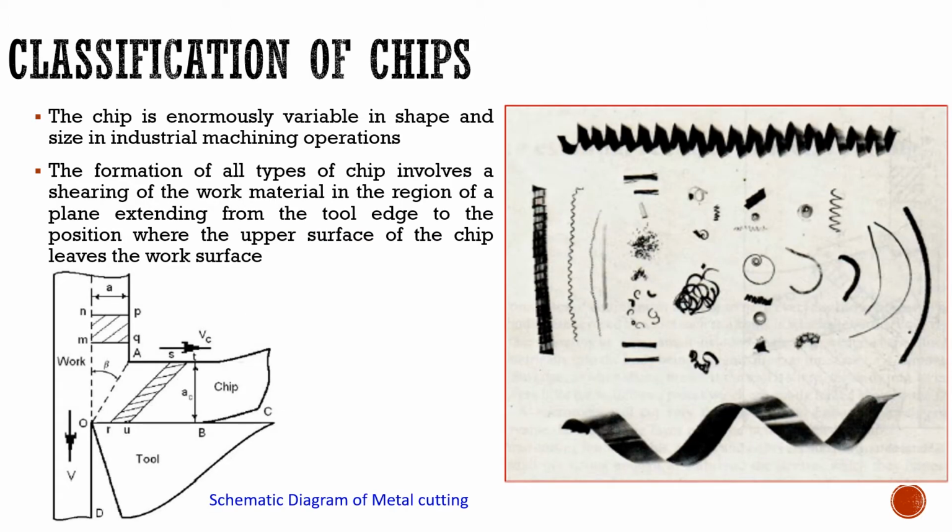The chip can be of various shapes and sizes in industrial machining operations, and the temperature of the cutting tool may reach very high, particularly when a heavy cut is done at high speed.